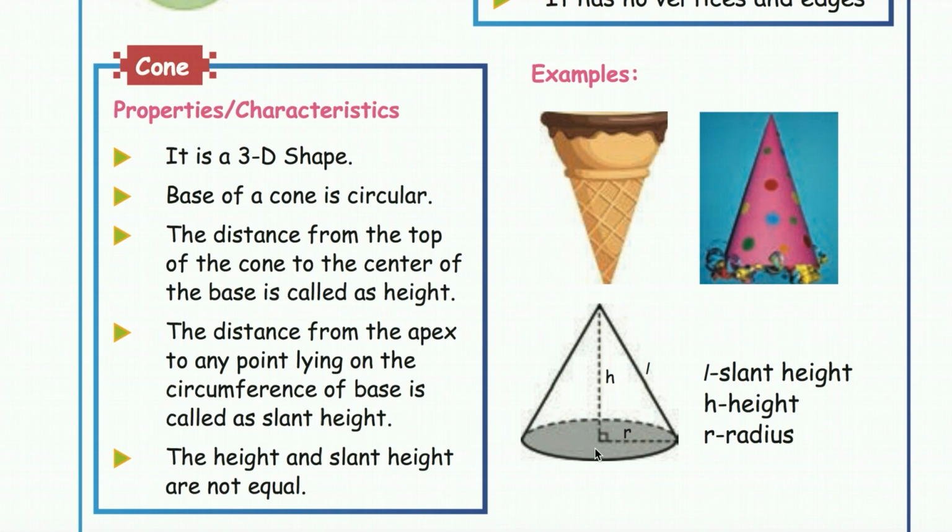The distance from the apex to any point lying on the circumference of the base is called slant height. The height and slant height are not equal, surely not equal.